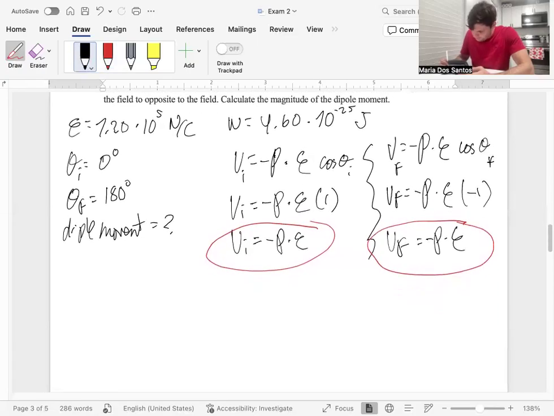Okay, we're given work, and we should know that work is equal to the change of potential energy.